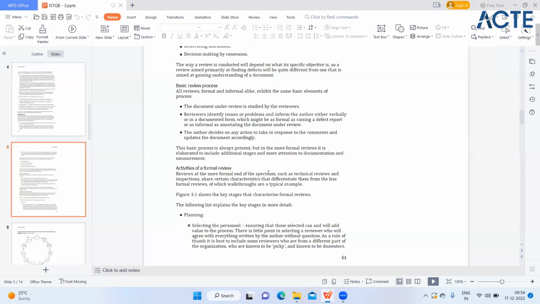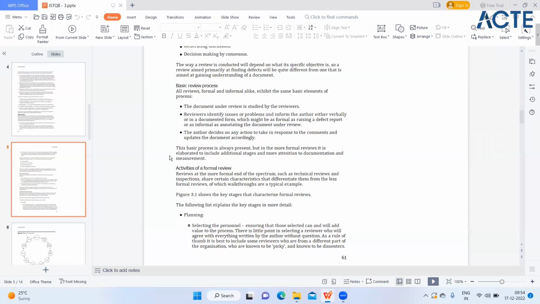Reviewers are not taking any decision. The final decision will always be taken by the author only, for that particular document or whatever defects you have defined. So it's not your responsibility. You just have to convey whatever you have in your mind, but the final decision will always be made by the author.